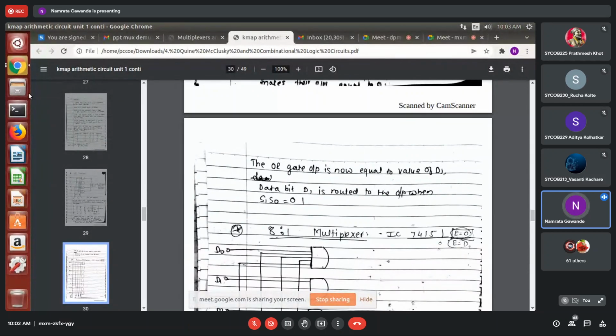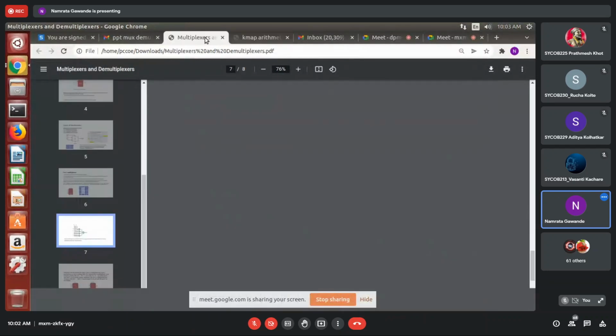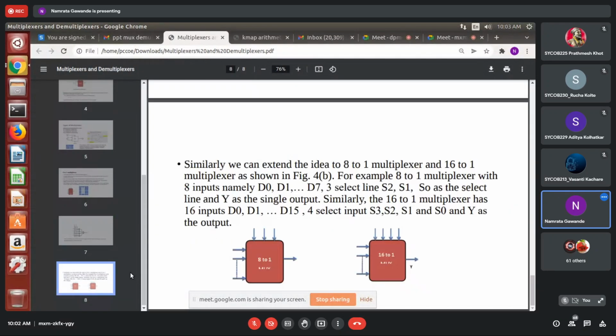So to understand this, we'll take one Boolean expression. See, likewise, this is the 8:1 mux, meaning 8 inputs, 1 output. For the 8:1 mux, how many select lines will be required? 3 select lines, right? 2 raised to power 3 equals 8.